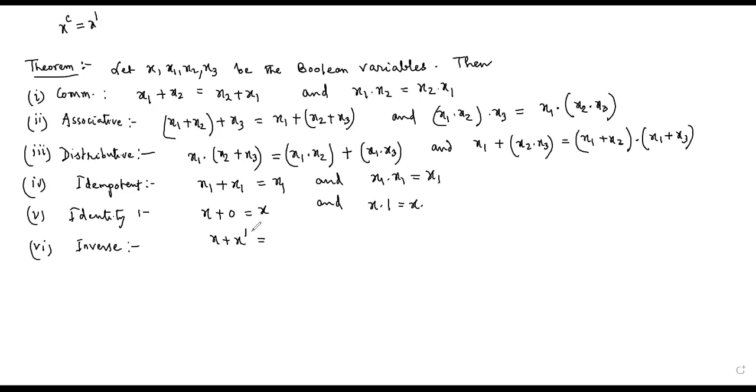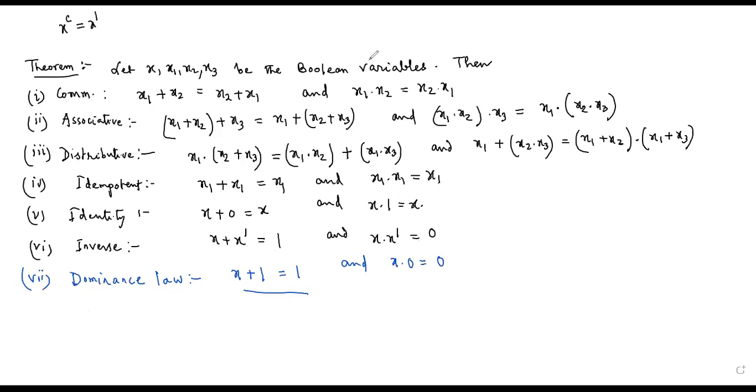So x plus x prime will not be 0, it will be 1, and x into x prime will not be 1, it will be 0. And there is another law which I didn't provide any name for, but right now I'm going to name it: the dominance law. One part of the dominance law was proved in the previous class, which is this one: x plus 1 equal to 1 and x into 0 equal to 0.